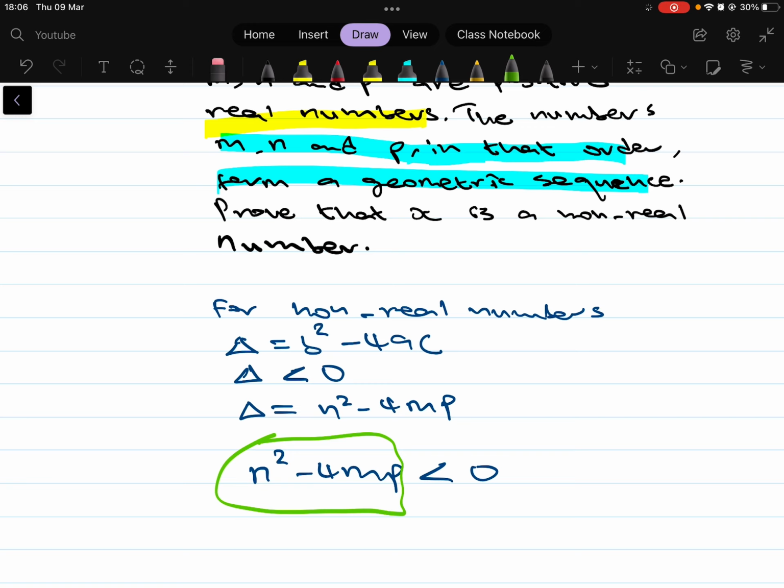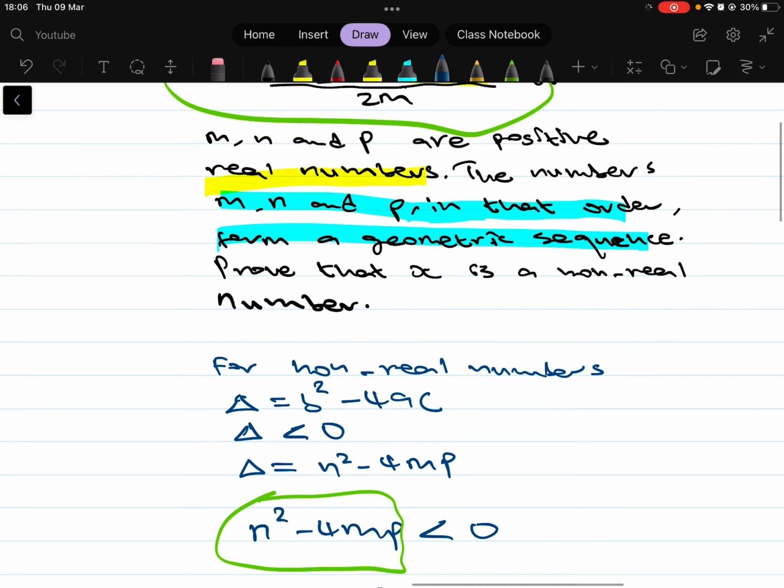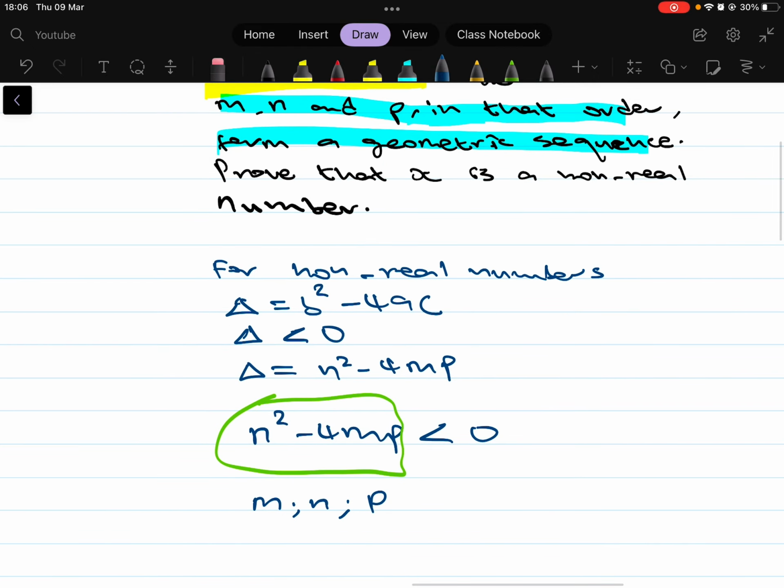How can we prove that? We are given information about m, n, and p. We are told that m, n, p, in that order, form a geometric sequence, and they are positive real numbers, so we are fine.